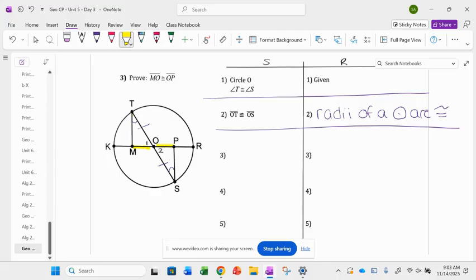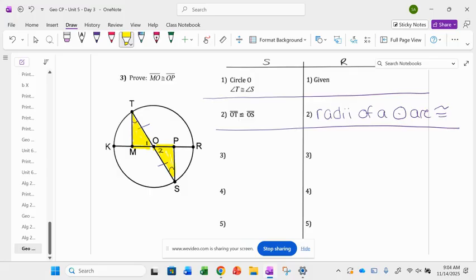Jack? Those are angles. So triangles with 3 letters. You got it. I'm going to prove triangle TMO and triangle OPS.